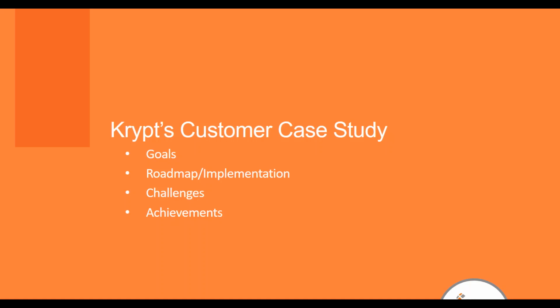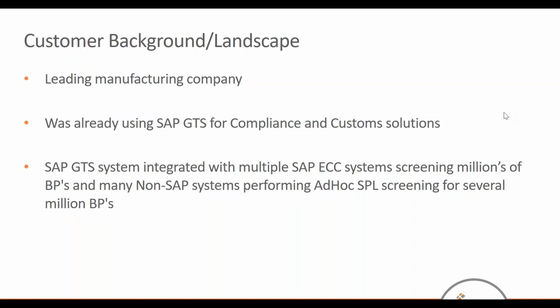Today I would like to walk you through one of the customer POCs, proof of concept, which we did for SPL HANA. Let me first start with giving you a brief background of the customer and what their landscape looks like.